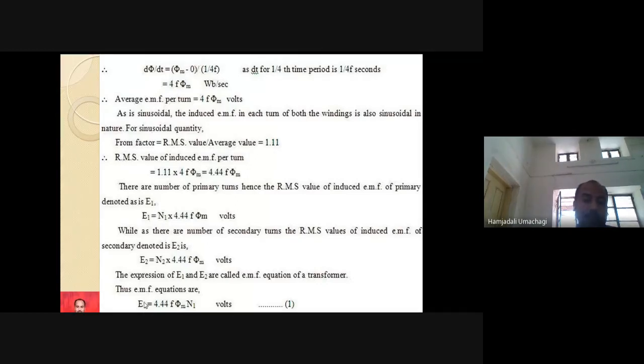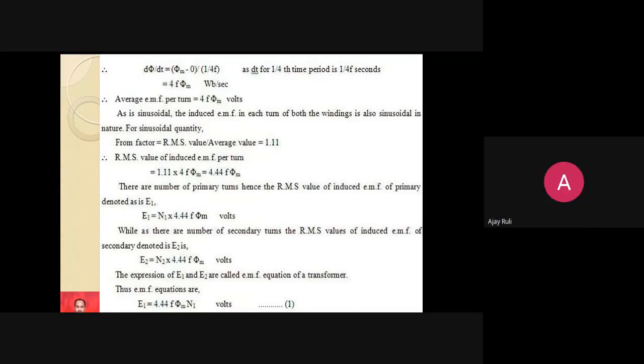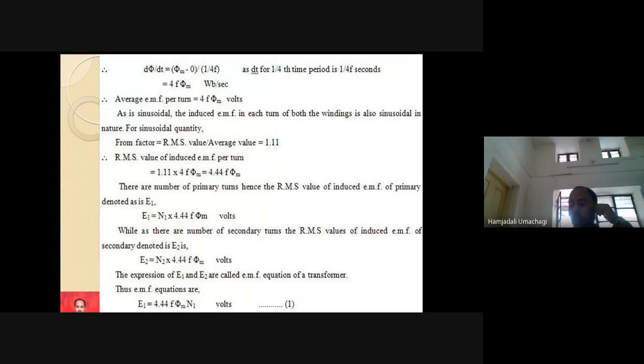So your voltage on the primary winding, whatever you are developing, is dependent on frequency, maximum flux, and number of turns. N1 stands for winding pertaining to the primary side. Similarly, voltage induced on the secondary side, E2, is equal to 4.44 f φm N2.